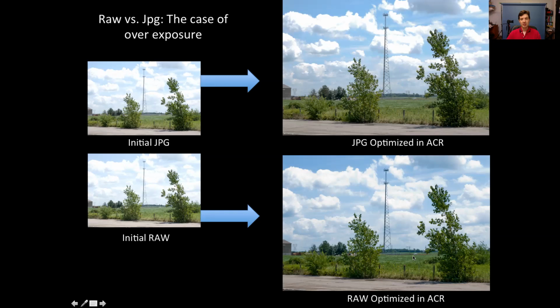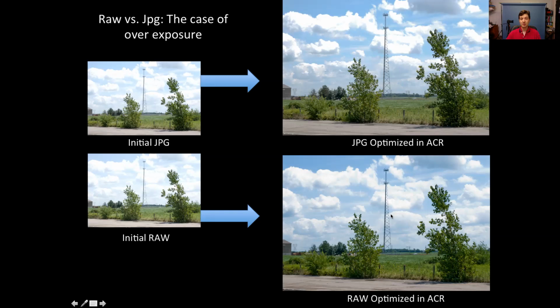If you look closely, a couple of things you'll notice: one, the color is better, like the color in this field is more rich. But if you look at, say, the blue up here, they're pretty similar, right? The other thing, more importantly, is the highlight detail. We were able to recover a fair amount of the highlight detail in the clouds, so that it looks pretty good.